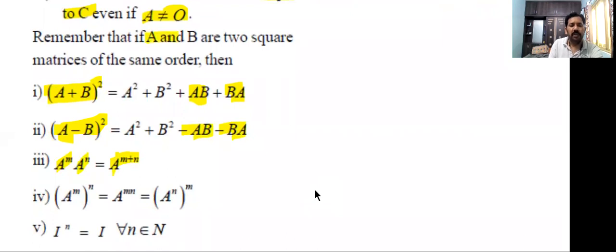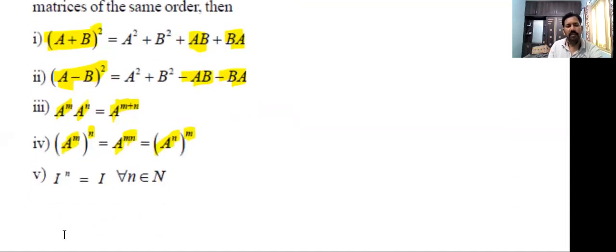This is possible when A is a square matrix; for two matrices A and B it is possible when both are square matrices of the same order. (A power M) whole power N is A power MN, the same as (A power N) whole power M. This we already know from exponential formulas. I power M is I only.